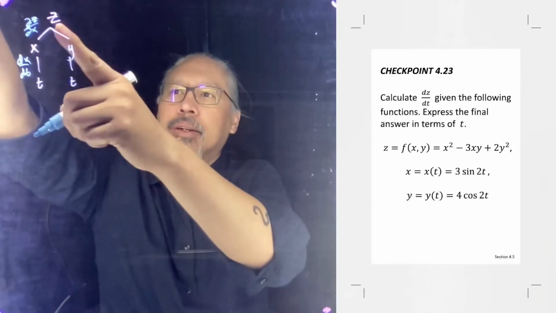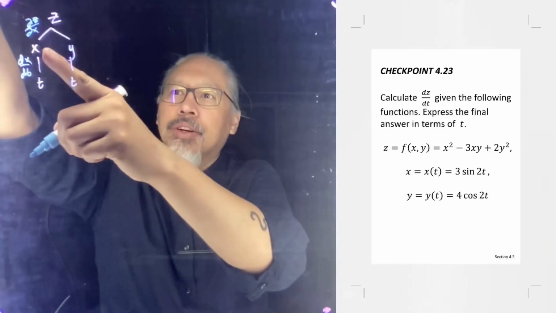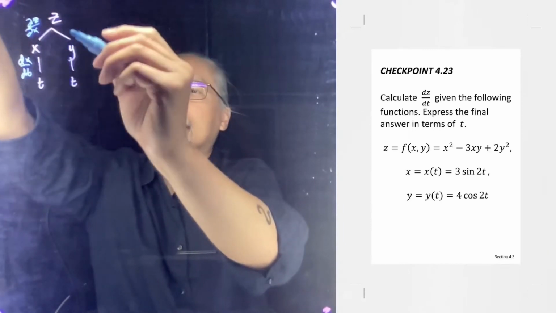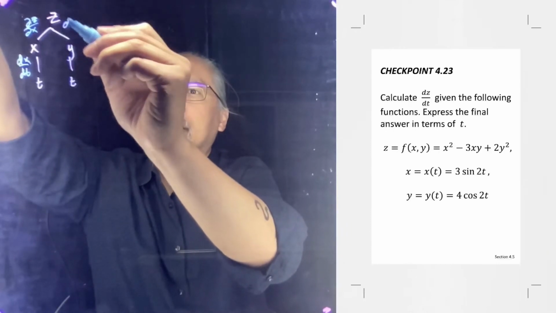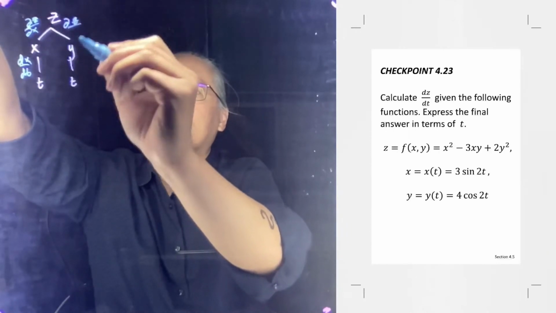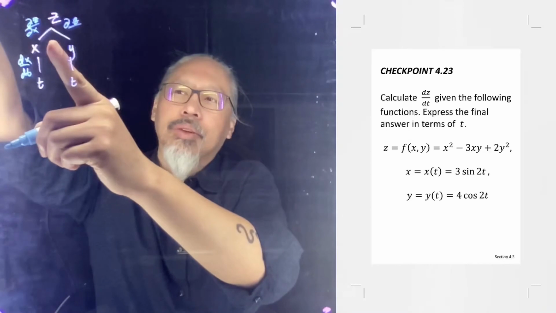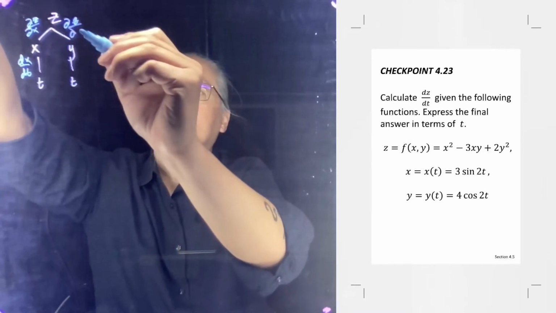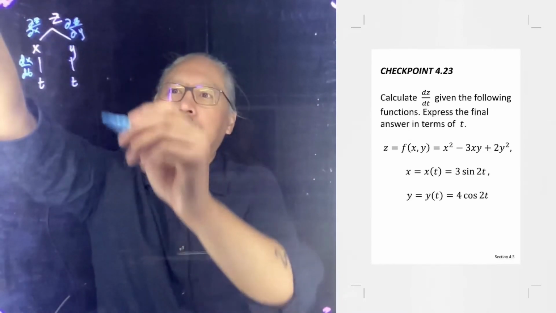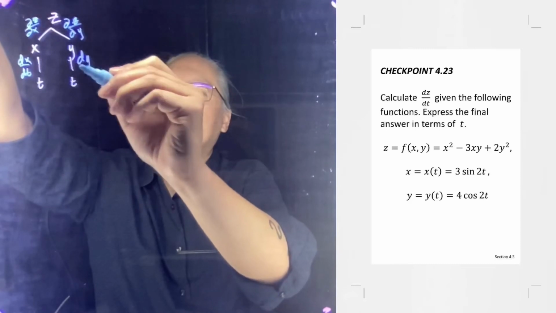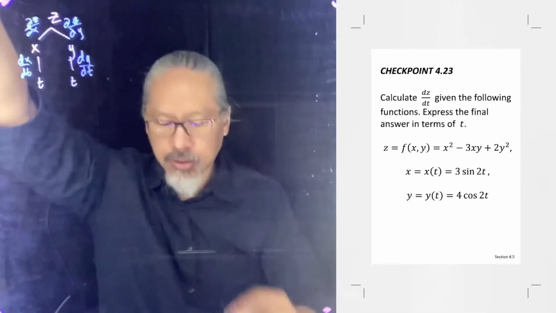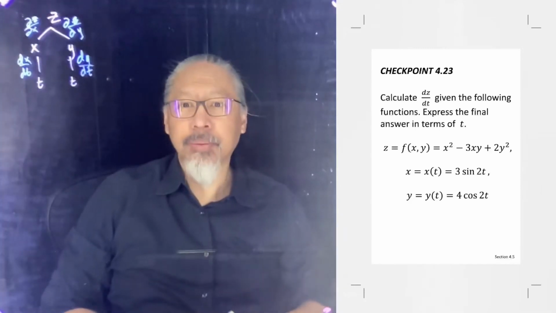Back here, z is a function of two variables, so these have to be partials. And we'll see that happen here as well when we find the derivative of z with respect to y, those are partial derivatives, and here are straight dy/dt derivatives.